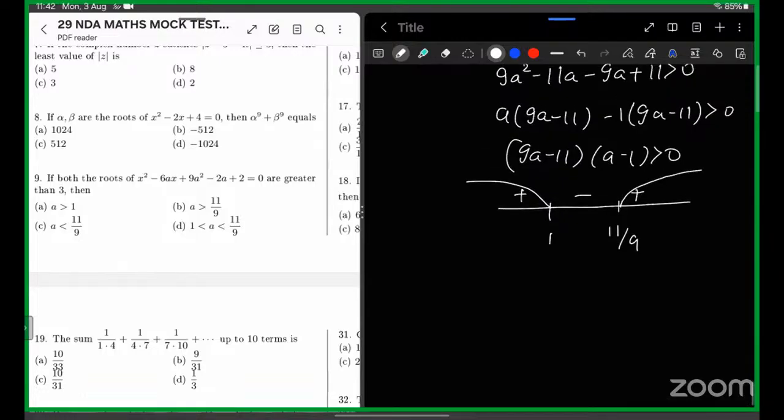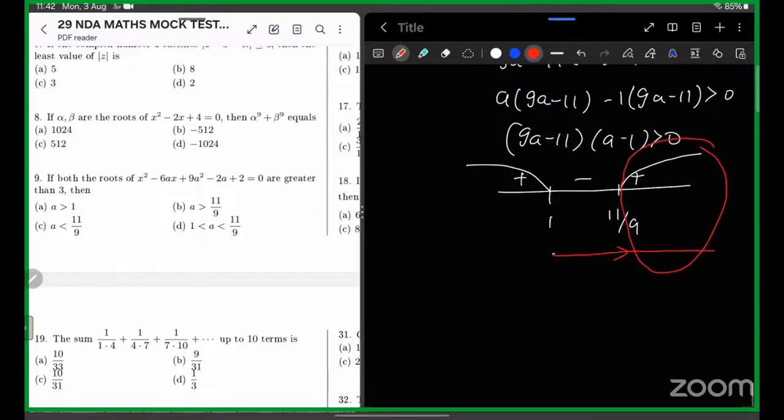So common value will be this, one of the parts, and earlier initially we got it must be greater than or equal to 1. What is the common region between both? This is the common region. So therefore its final answer will be a must be greater than 11 upon 9. Okay. So option number 3 is our correct answer.